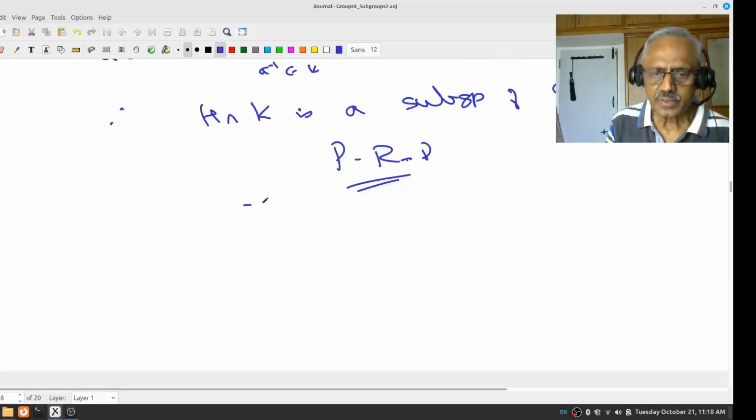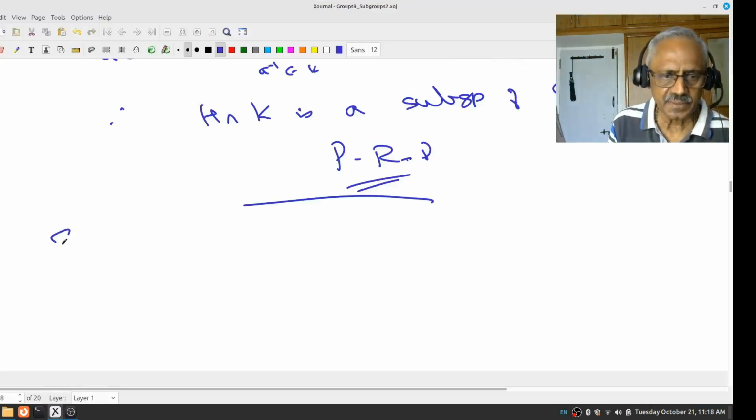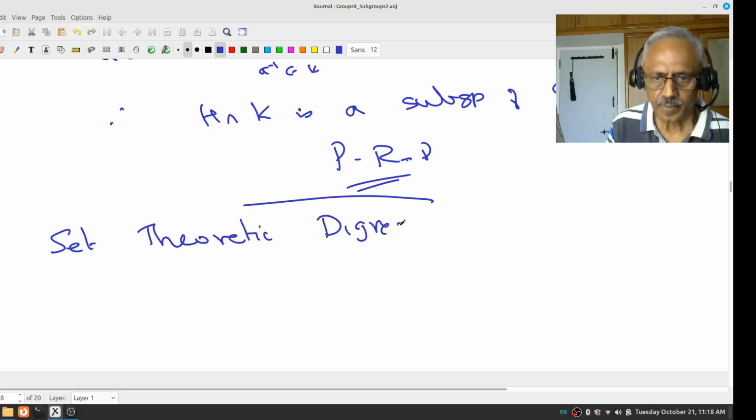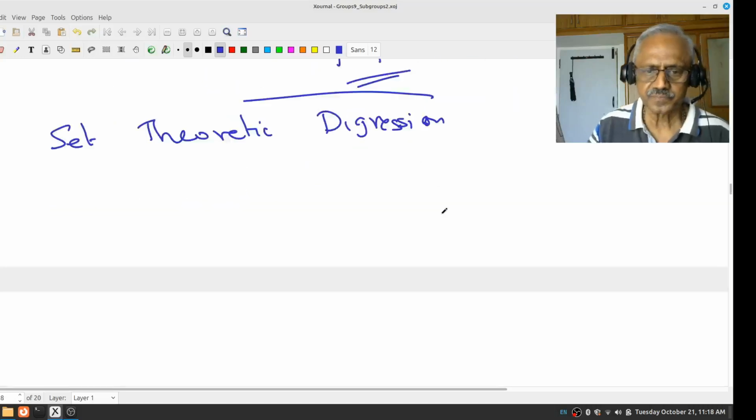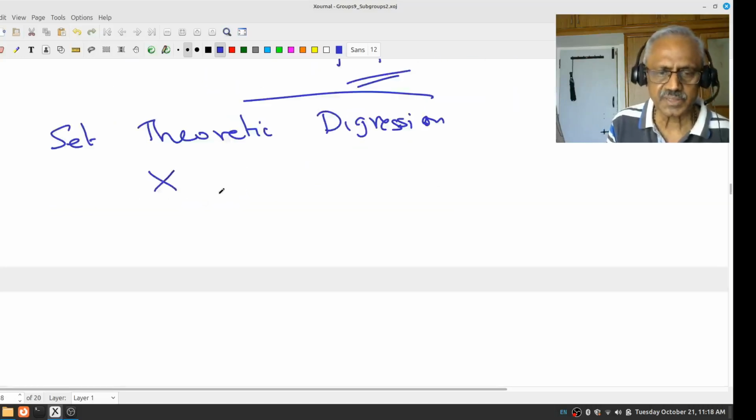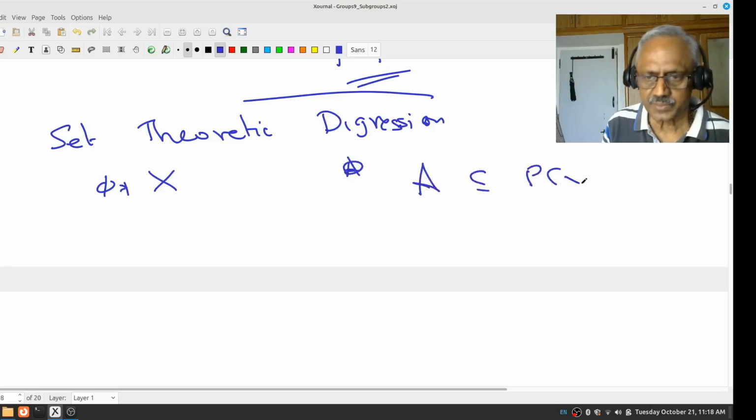Now, a set theoretic digression. Suppose X is a set, assume non-empty, of course, and script A is a collection of subsets of X. You understand this notation?